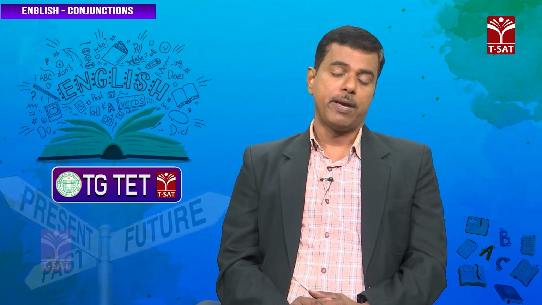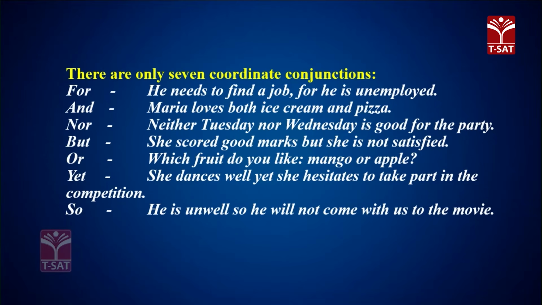And these coordinating conjunctions you should be able to remember with a word called fanboys. Let me give you the explanation. F stands for for, A stands for and, N stands for nor, B stands for but, O stands for or, Y stands for yet, and S stands for so, right?